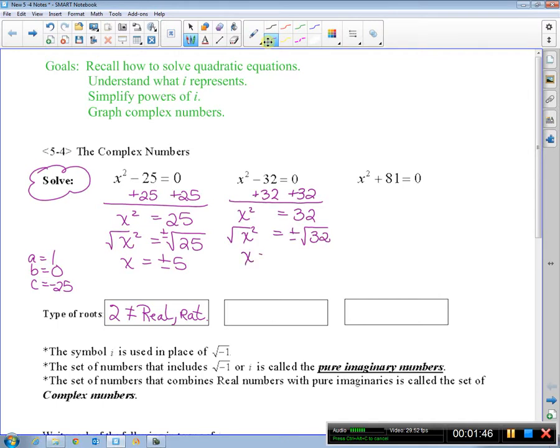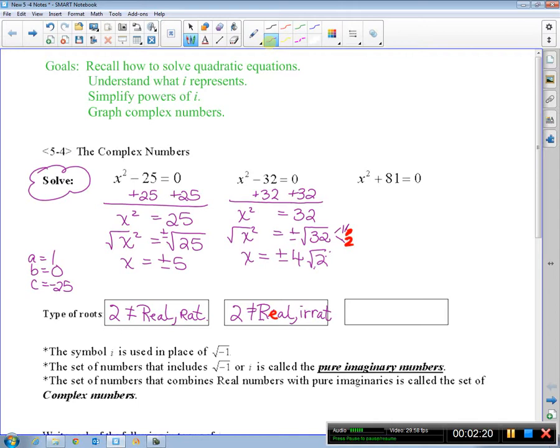And here we've got x equals positive and negative, and of course 32 is 16 times 2, which makes for a real nice 4 square root of 2. Now those roots, we have 2 of them. They are not equal. They're still real. And they are irrational. We can tell by that radical there.